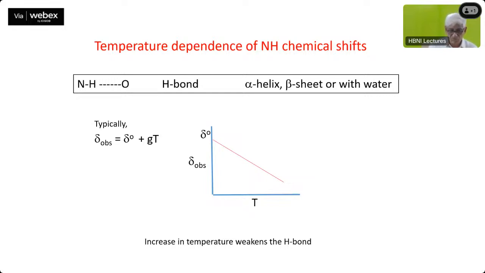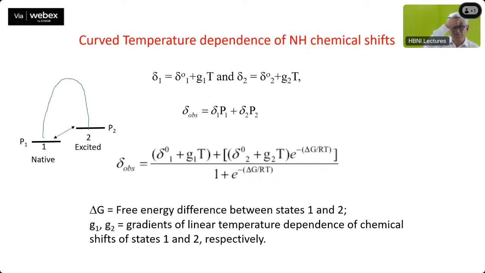Now what happens if there is a chemical exchange? Consider a situation like this. You have state 1 and state 2, the native state and the excited state. The population here is P1 and the population here is P2. There is an energy difference between the two, and an energy barrier.